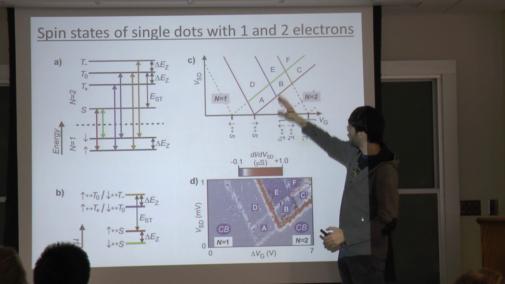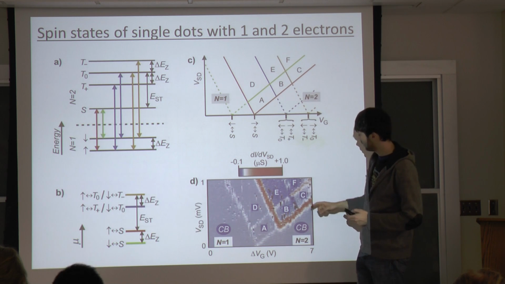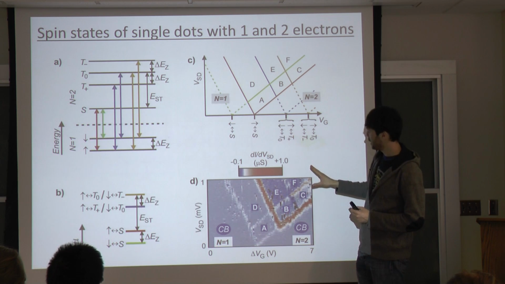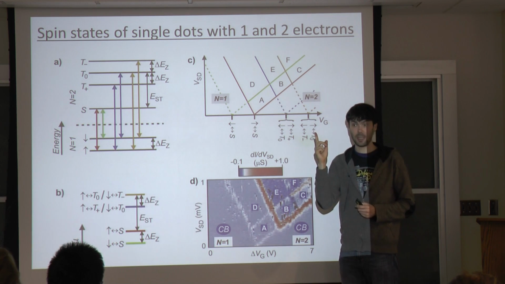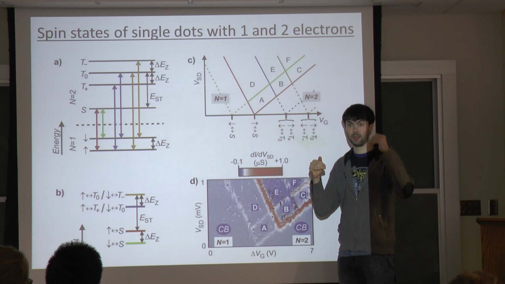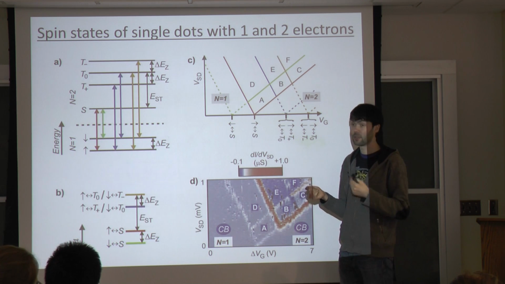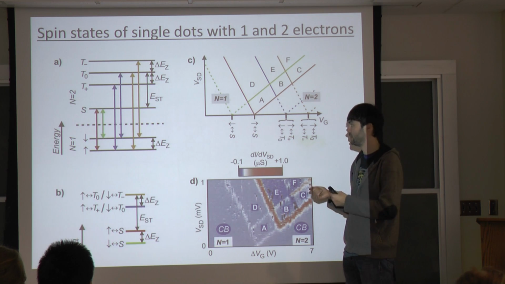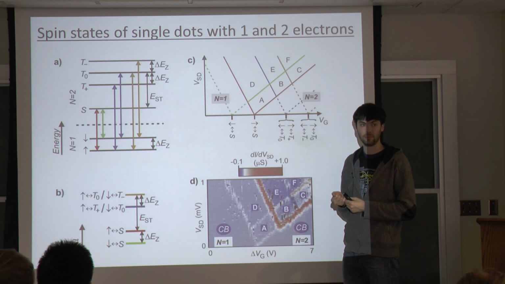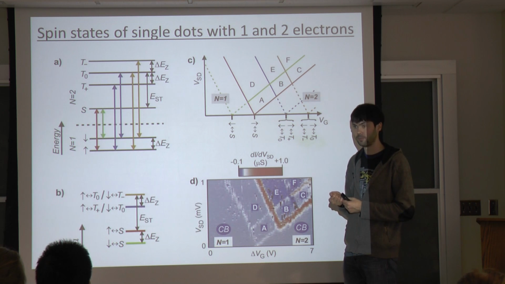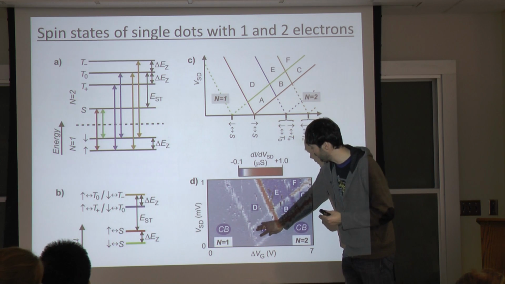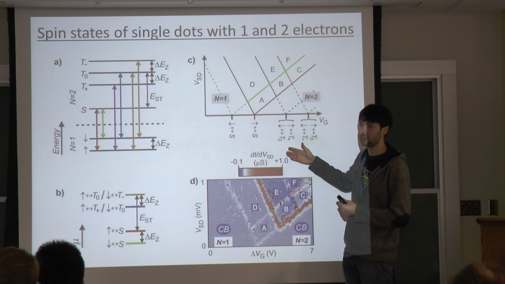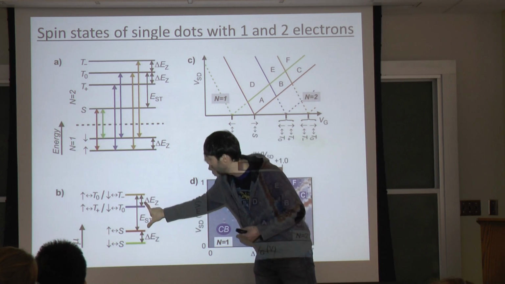So that gives you these lines. In particular, in this region A, for example, you are only seeing one state in between the source and the drain. And that state is the ground state transition, spin down, or spin up to singlet. Is that clear? So only one level here. And as you cross these lines, you start seeing more and more levels. So you start seeing 2, 3, etc.